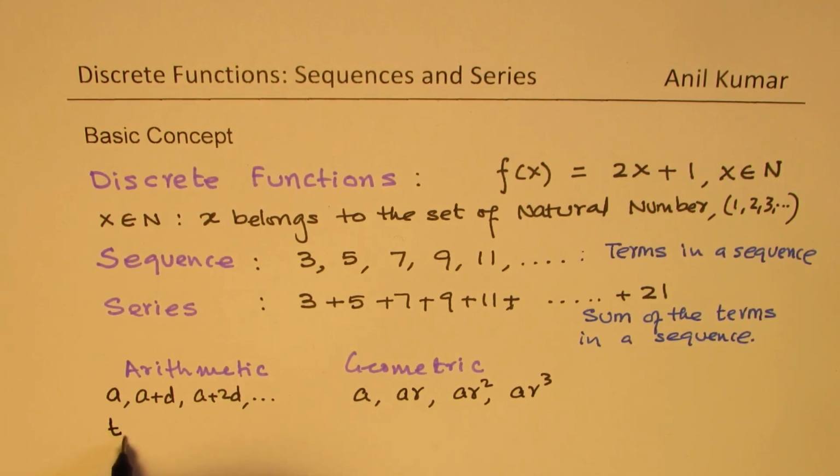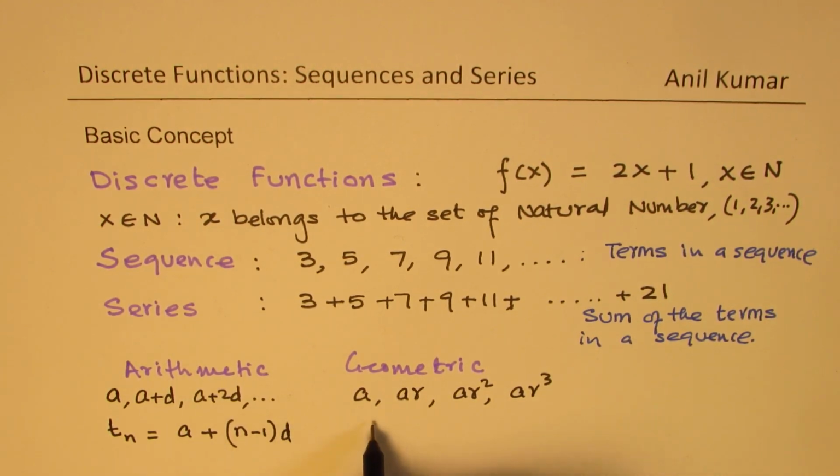The general term Tn for an arithmetic sequence will be a plus how many d's, differences, have been added? n minus 1, right? And in this case, the general term will be a times r to the power of, see, here the power is 1, 2, right?